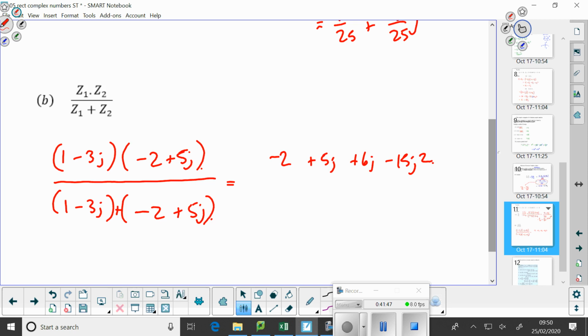Bringing them together, minus 2 plus 15 is 13, so the constant is 13 plus 11j.